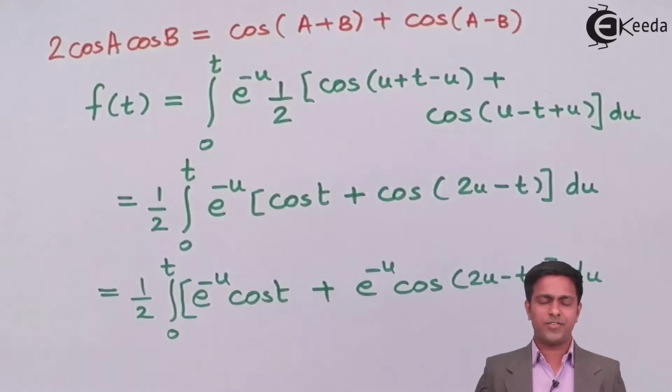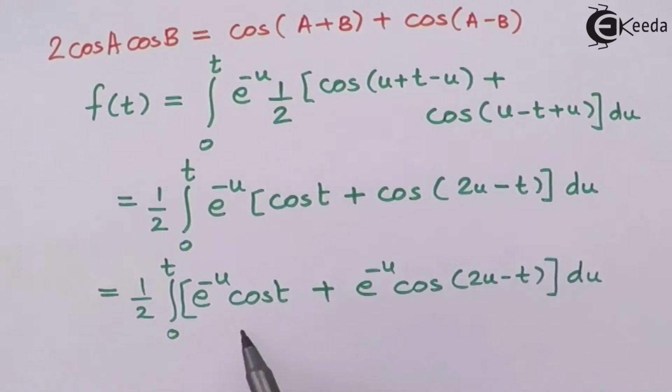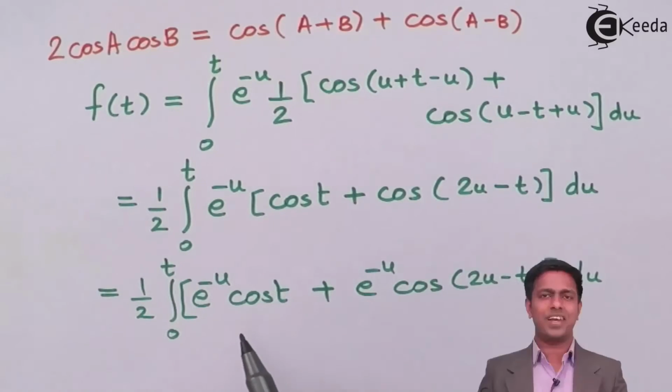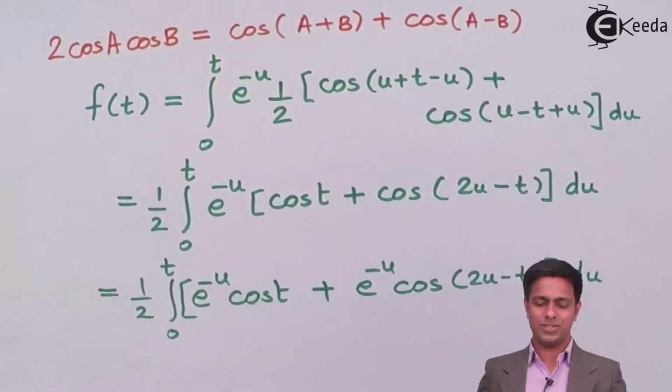And guys, now let's find out the integration of each term separately. So let's find out integration of first term. So here I'm integrating with respect to u. So cos t becomes constant. So I'm going to take that outside and we are going to find out the integration of e to the power minus u.